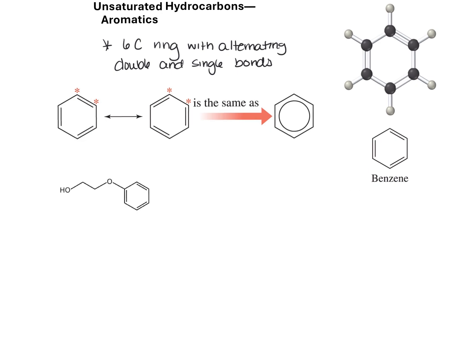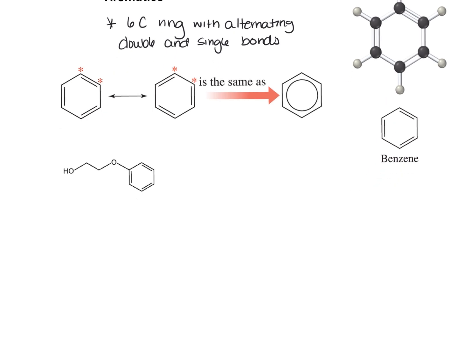Another molecule that contains an aromatic compound as well as some other functional groups is called phenoxyethanol. And the functional group, of course, that we're interested in is right here. That's that aromatic functional group. And this is used in a wide range of cosmetic and personal products because it is an antimicrobial. Right?